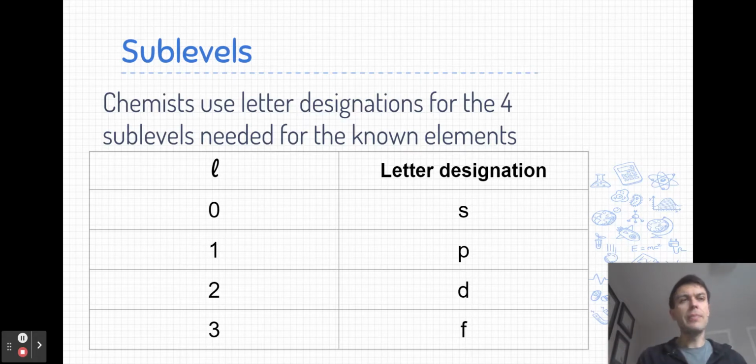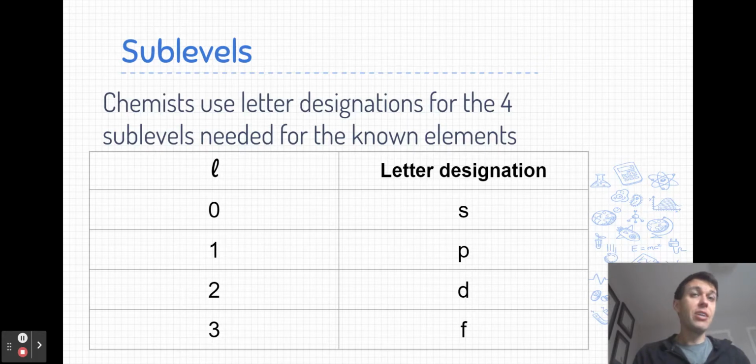And as we'll see, all s-type sublevels are spherical in shape. When l is equal to 1, we describe a p-type sublevel. p sublevels are bilobed in shape. And so on and so forth with d and f, which get into some more complex shapes.